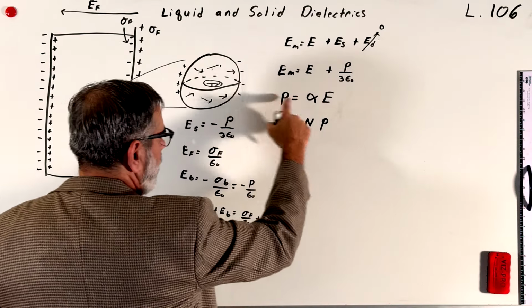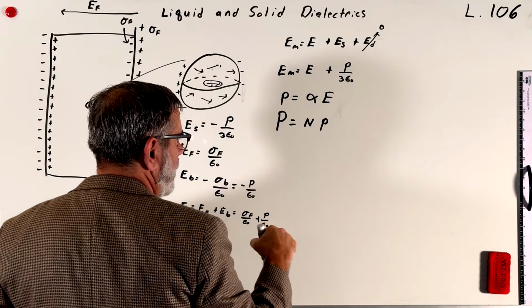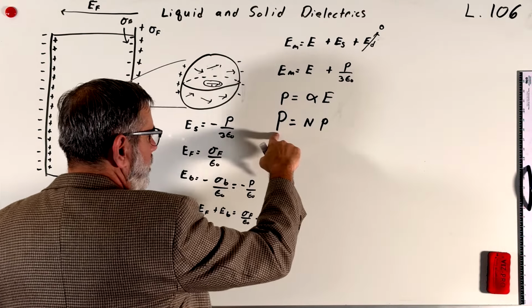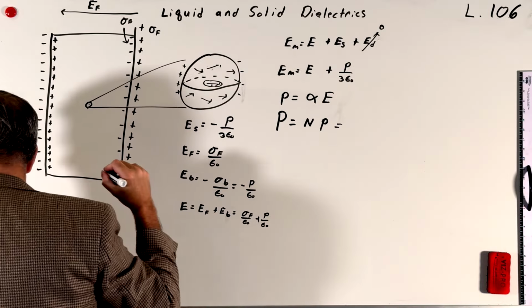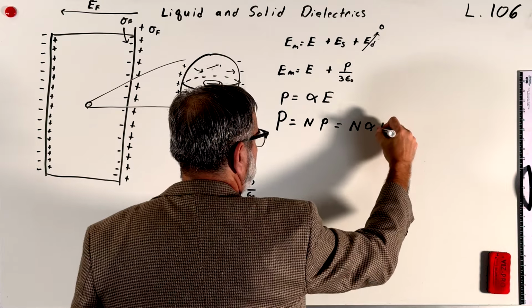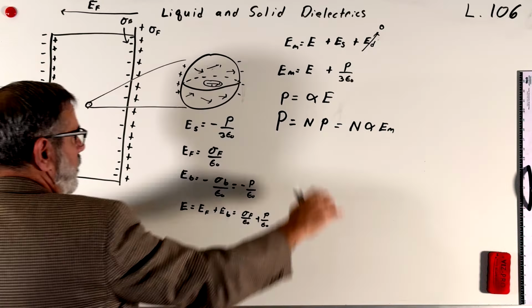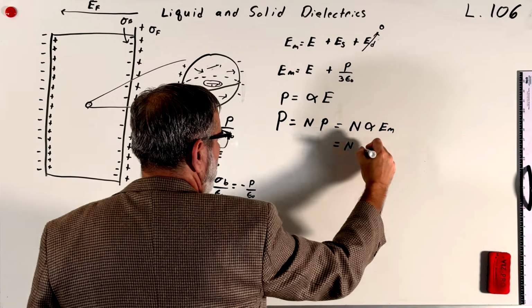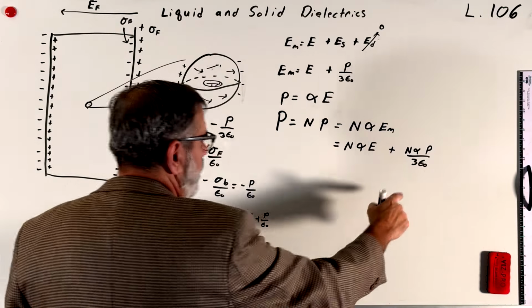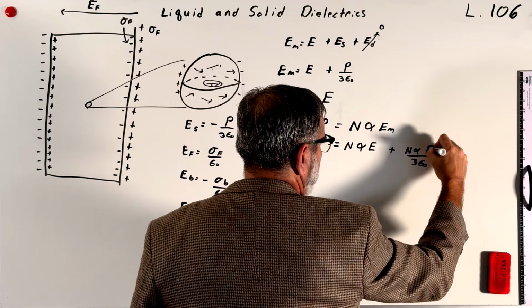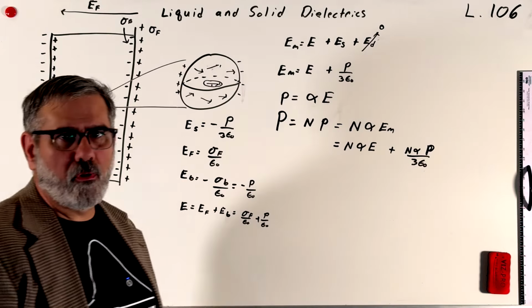So this is the dipole moment in terms of the molecular polarizability, and this is the dipole moment per unit volume. This is going to be equal to N times alpha times the molecular field, and now we're going to replace the molecular field with this. By the way, this P in here is the dipole moment per unit volume.